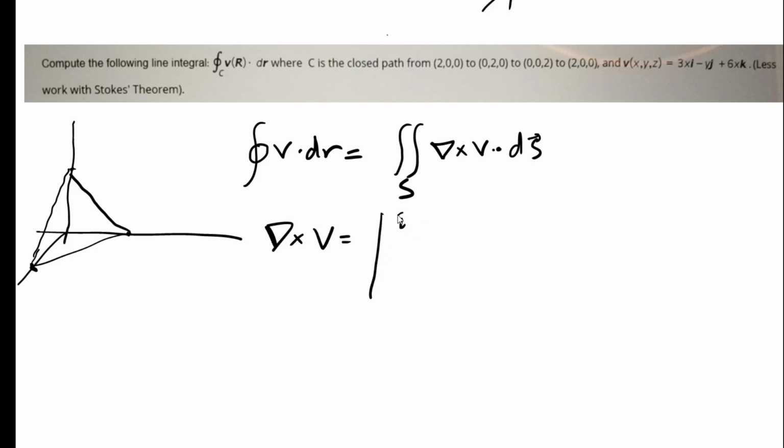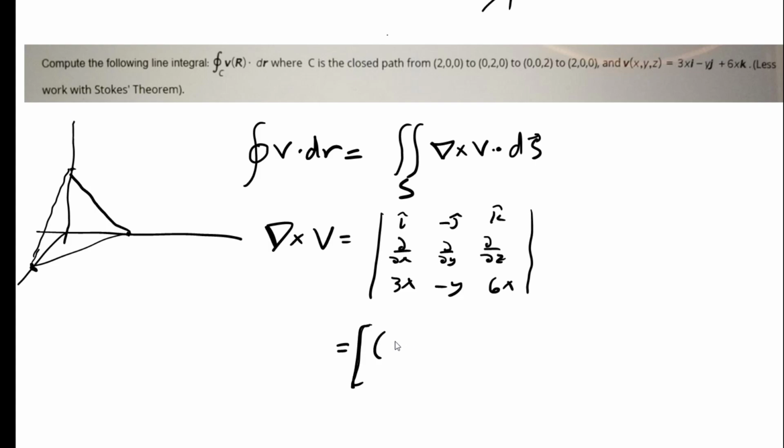Let's set this up. So we have i, j, k, d/dx, d/dy, d/dz, and I have 3x minus y, 6x here. I do the determinant just like normal. So I cross this out, and I have d/dy of 6x minus d/dz of minus y.